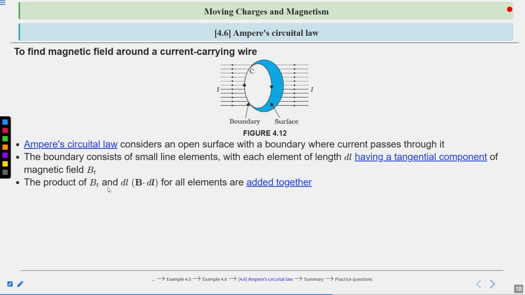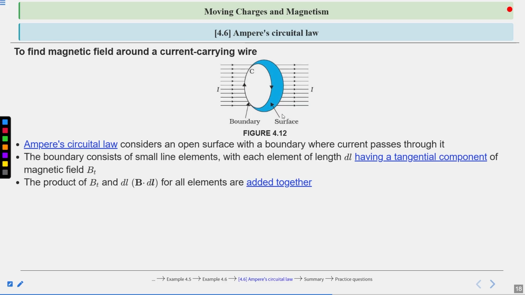The product of Bt and dl, that is B dot dl, for all elements is added together. The flowing current will produce the magnetic field. So the product of this magnetic field and this small element dl, that is B dot dl, for all the small elements on this boundary, will be added together.